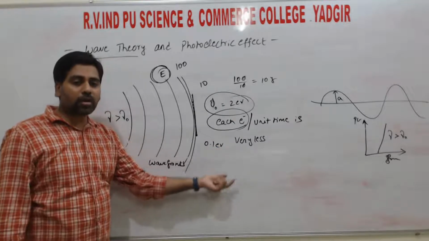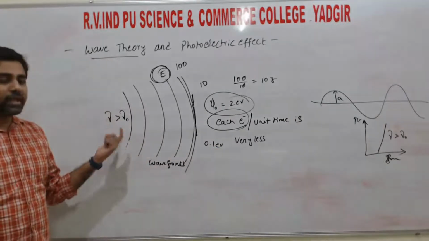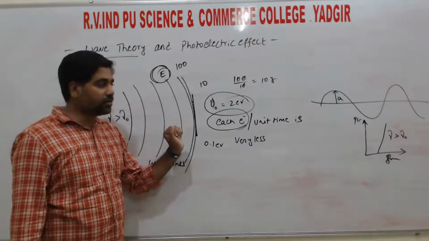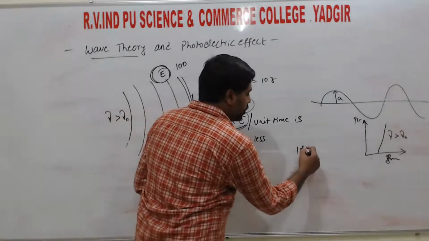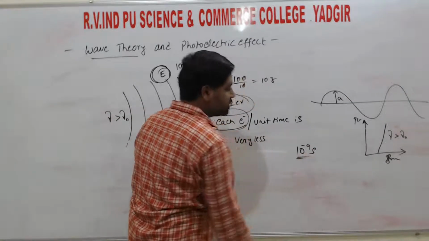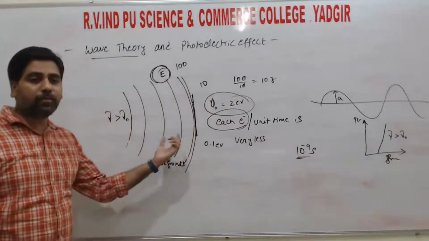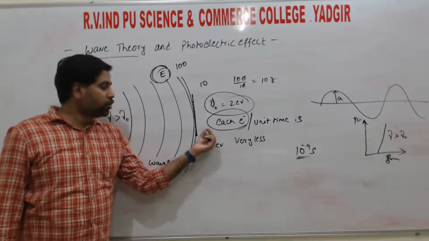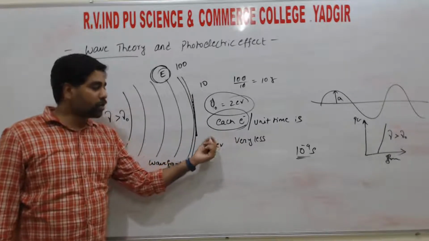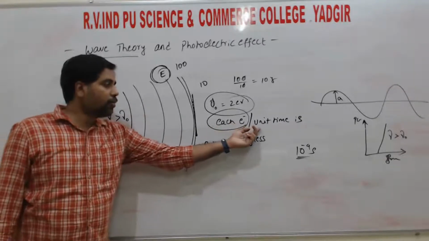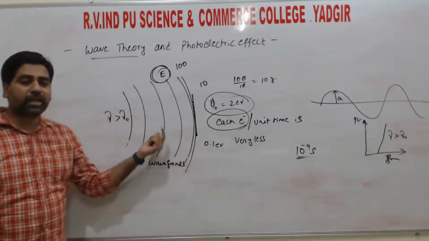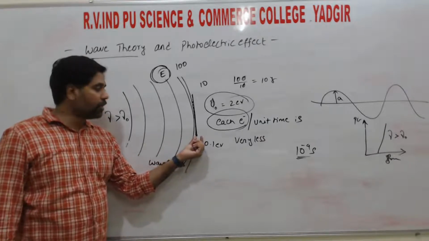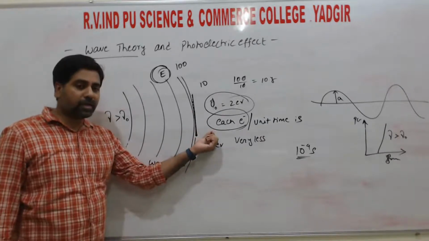So this is also a contradiction to the first experimental observation, that the photoelectric emission is instantaneous, of the order 10 to the power of minus 9 seconds. But according to the wave theory it may take several minutes or several hours to emit the electron, because each electron per unit time gets very little energy, so it has to take more time to gain the minimum energy to escape from this metal surface.